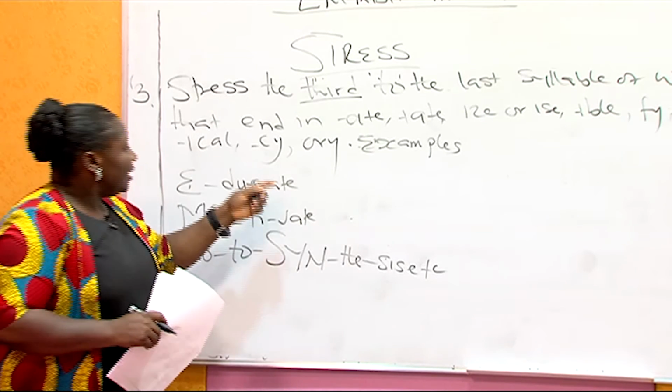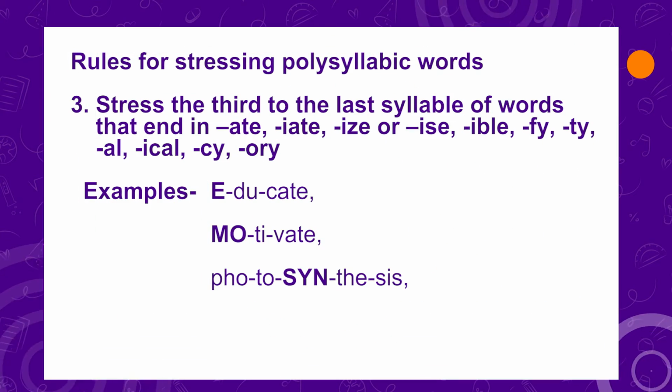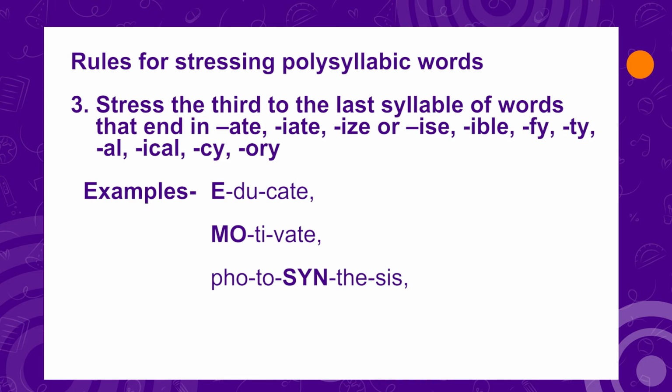That means if the word is a word of three syllables, we are automatically to stress the first syllable. If the word is a word of four syllables, we are to stress the second syllable, as the case may be.